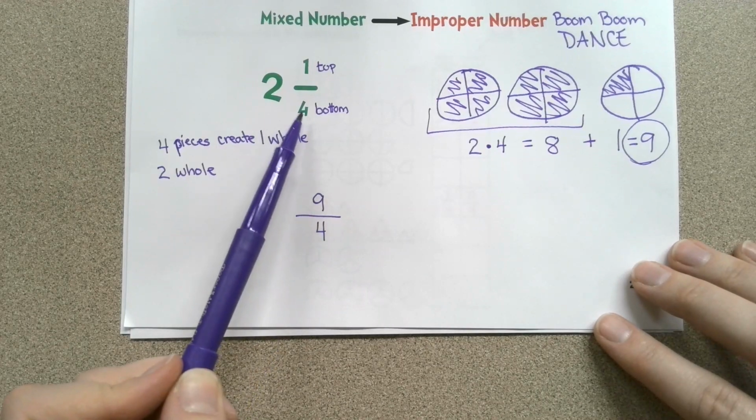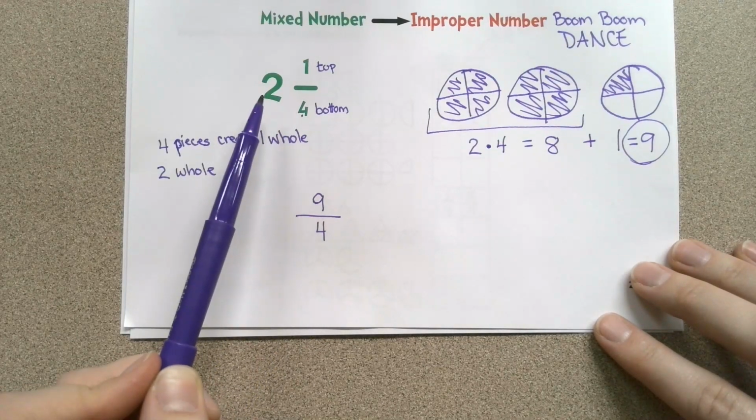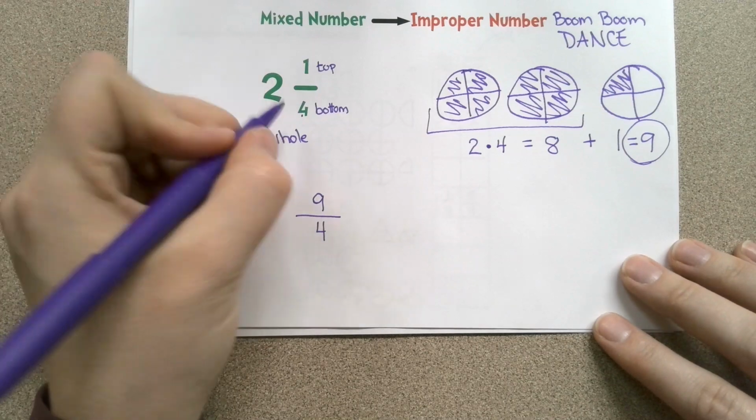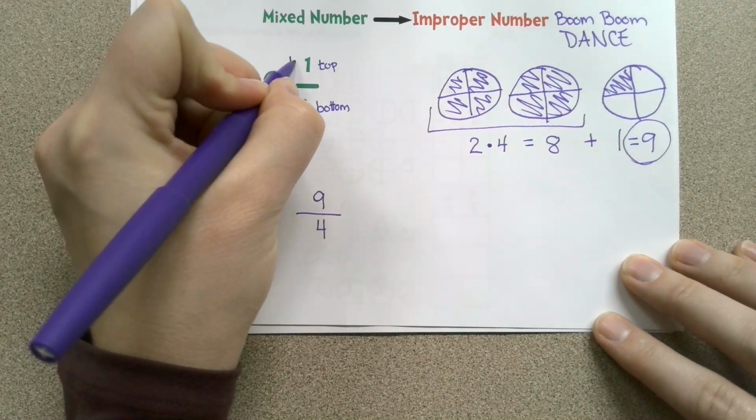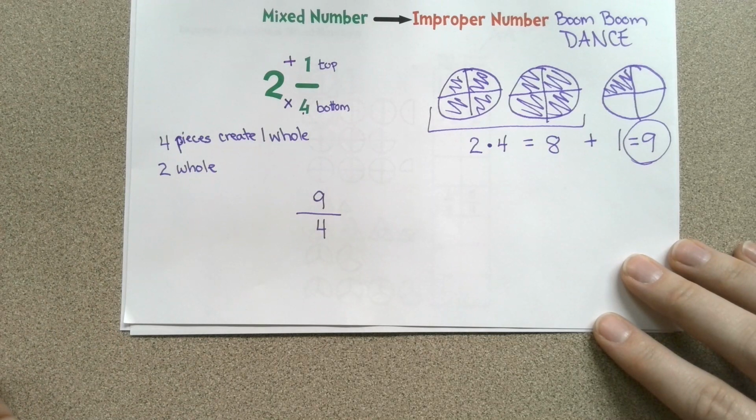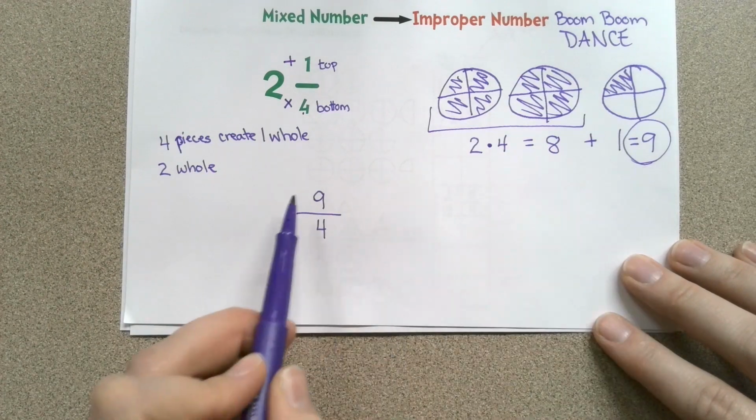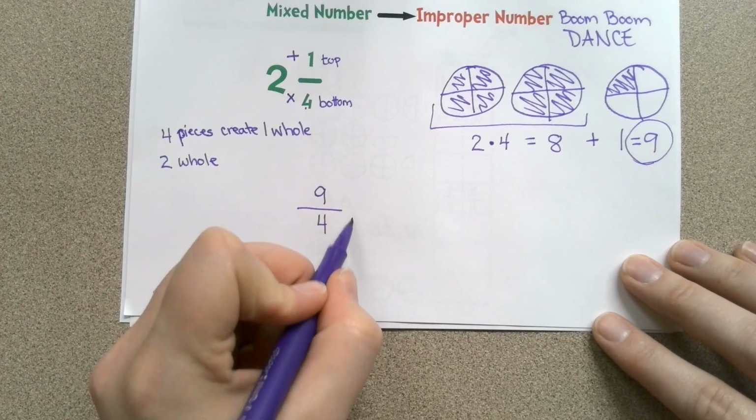So we did bottom times the side. 4 times 2 is 8. Add the top, gives us 9, and then it's 9/4. Denominator stays the same.